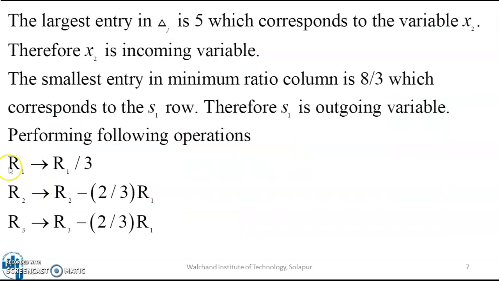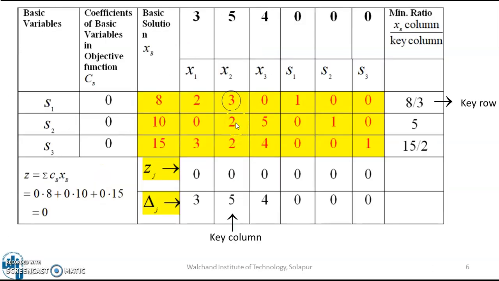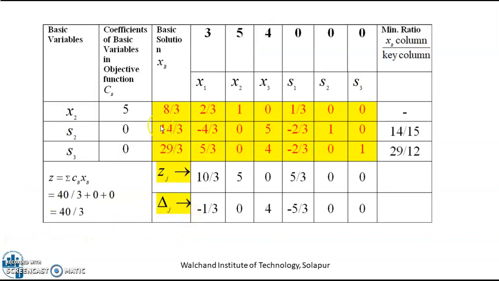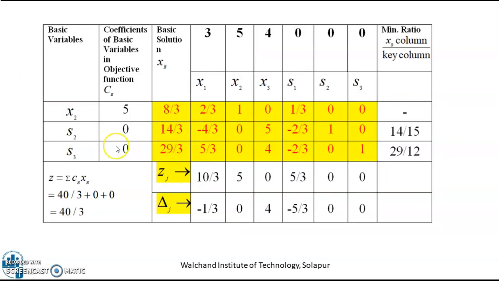That is what we have written here: R1 changes to R1 divided by 3. And then to make these two entries 0, we have to perform the operations R2 changes to R2 minus 2 by 3 R1 and R3 changes to R3 minus 2 by 3 R1. And we perform this operation only in this yellow shaded region. When we perform these 3 operations, we get this new system.